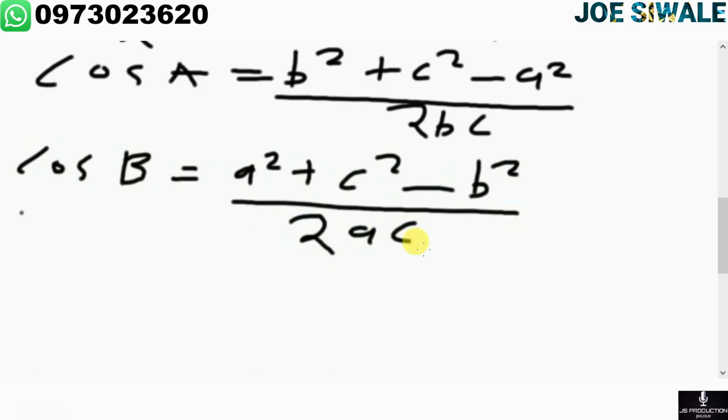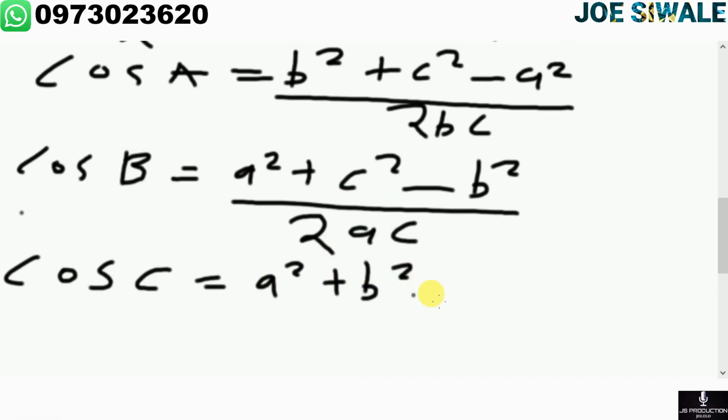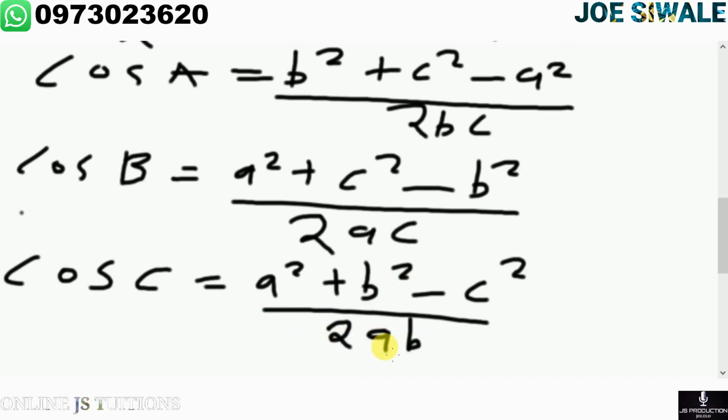So you just get these first two letters that you have written on the bottom part. What if you are calculating the angle at point C? This will be cos C is equal to a squared plus b squared minus c squared divided by 2ab. You get these two letters. So these are the formulas that you need to know.